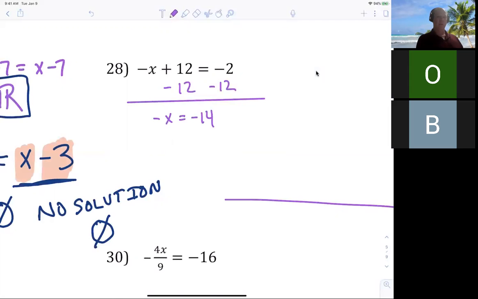Do you agree with that? So now this is like -1. You can say divide by -1. So x equals 14.